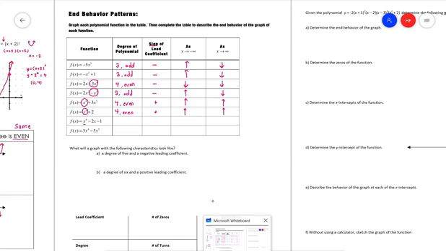Next one is a degree of 4, which is even. That is positive, which again is up, up. And here again, the highest degree is first, so that's another 4, which is even. And the lead coefficient is 3, which is positive. So that's up, up.